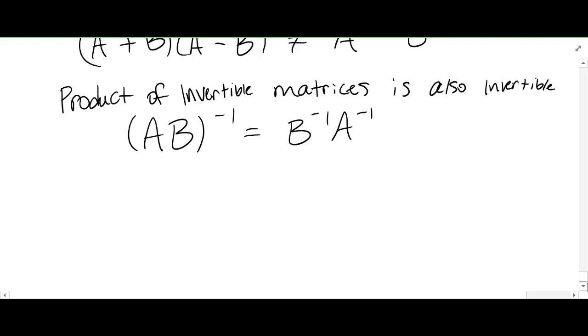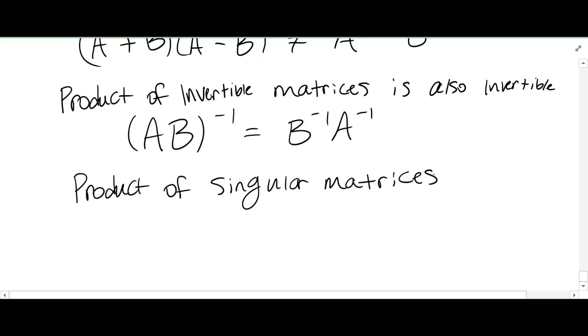Well, let's say you have two singular matrices. What about a product of singular matrices? Is that going to be necessarily singular? Like if you take some matrix that doesn't have an inverse, like 1, 1, 2, 2.